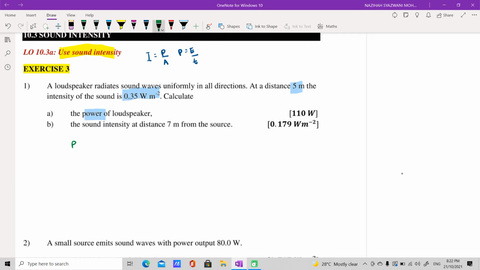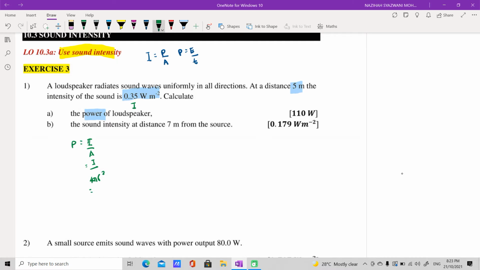So power is equal to... the one given is intensity, and you want to find power. So power equals intensity times area, where the area is 4 pi r square.